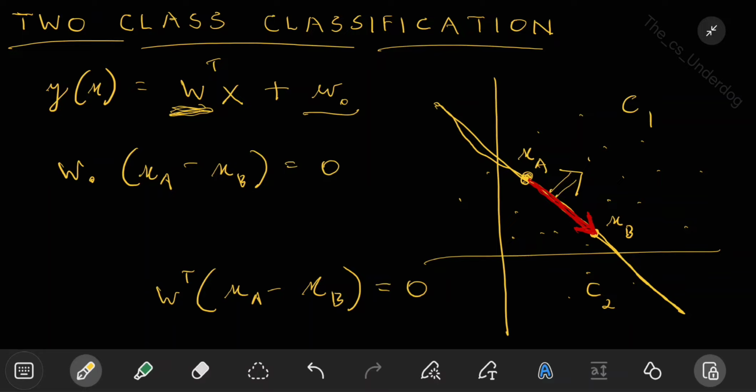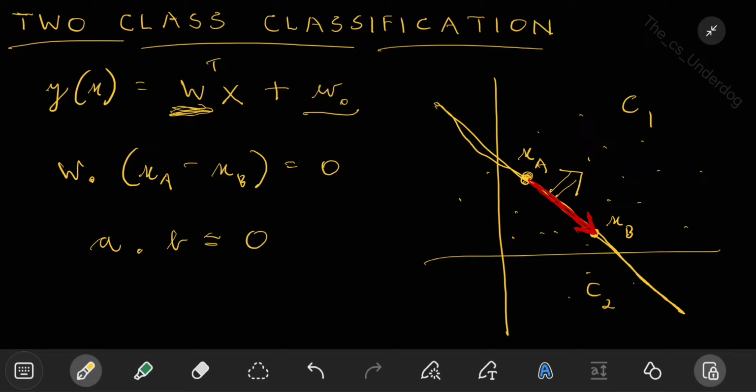Whenever you have a dot product equal to 0, what does that mean? When will the dot product be equal to 0? Let us say there are two vectors a and b. When will a dot b equal 0 if a and b are vectors? That happens only when theta, the angle between them, is 90 degrees. Why? A dot b can be written as a into b into cos theta. This is equal to 0.